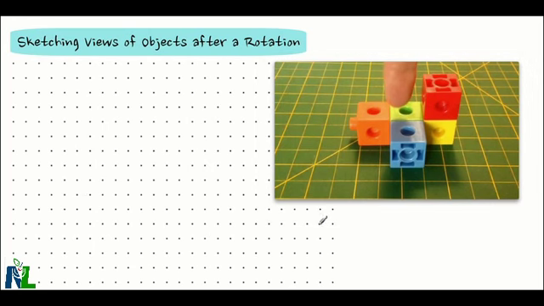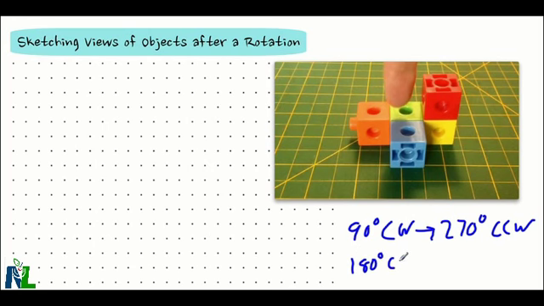But remember here that 90 degrees clockwise is the same as 270 degrees counterclockwise. Same thing, and 180 degrees clockwise is the same as 180 degrees counterclockwise. So usually you're just told to go 180 degrees, and it doesn't matter if you go clockwise or counterclockwise.